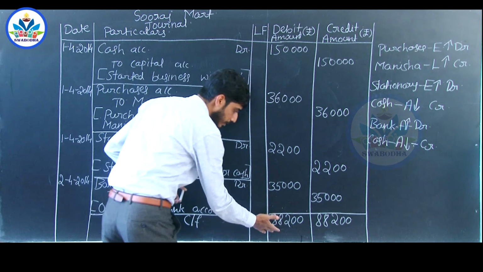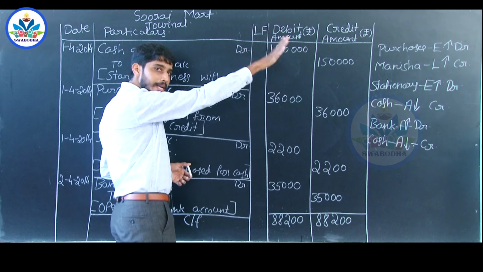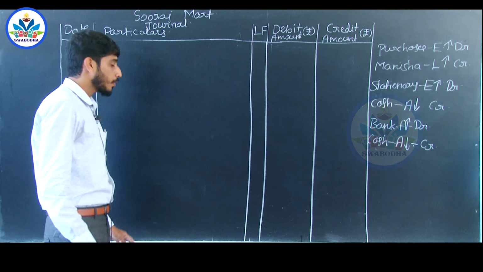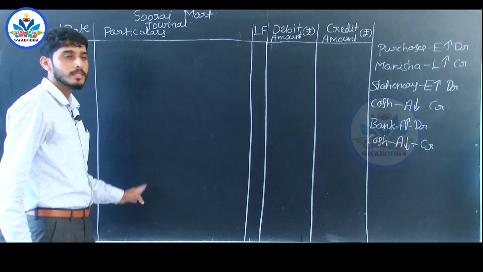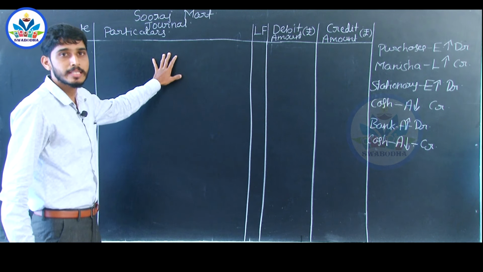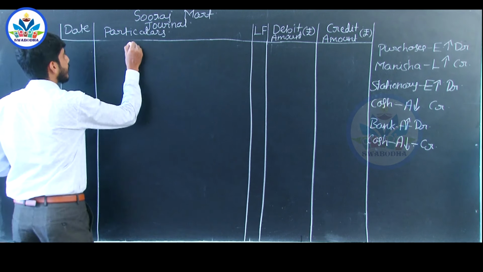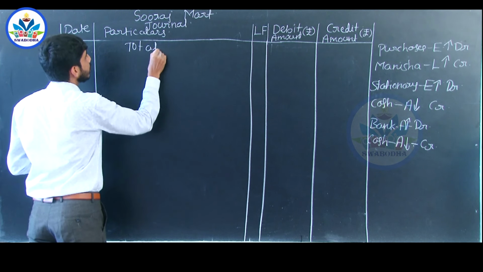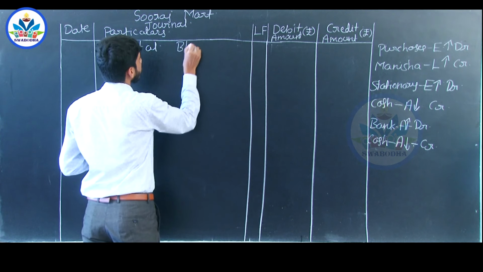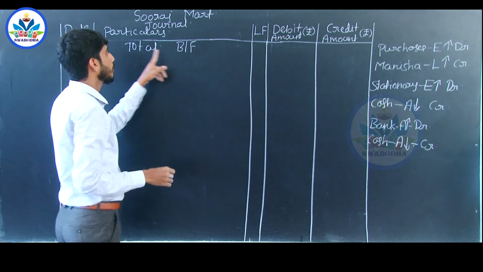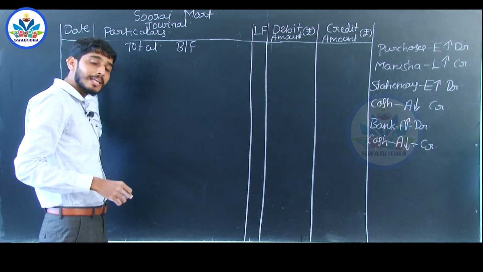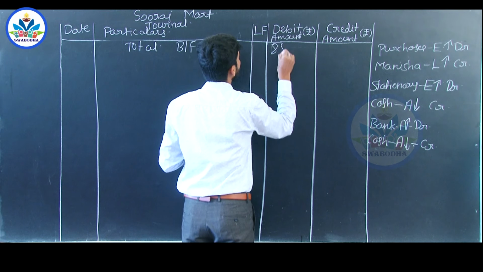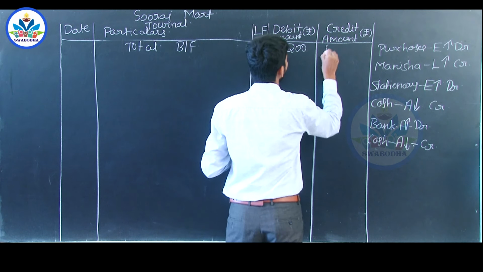And now, this 88,200 will be carried to the next page in the journal book. Now, the total of the previous page is carried to the next page. So, we will write in the beginning of the next page as total brought forward from the last page of the journal book, and the total is 88,200.